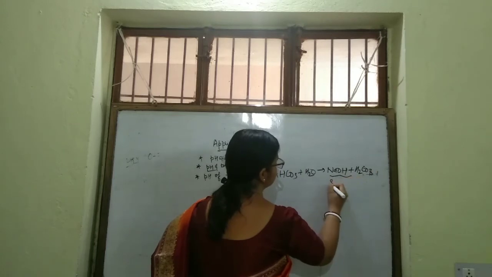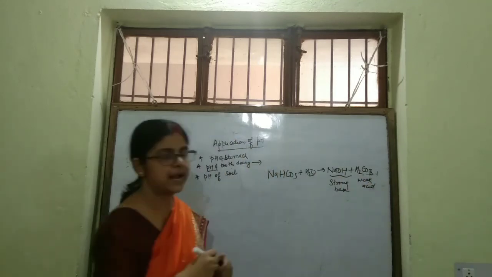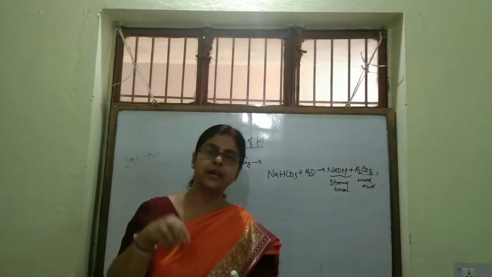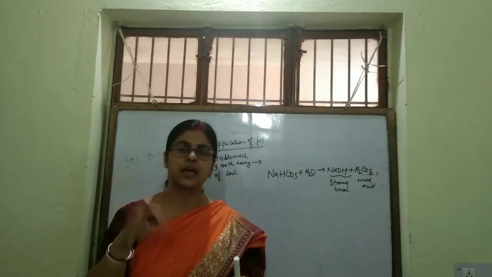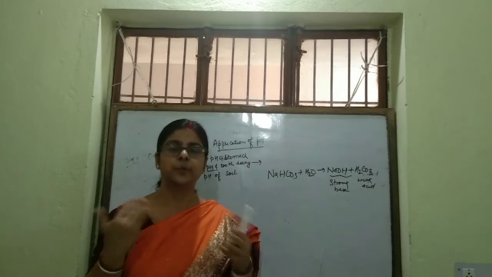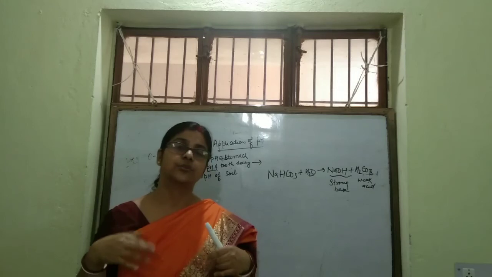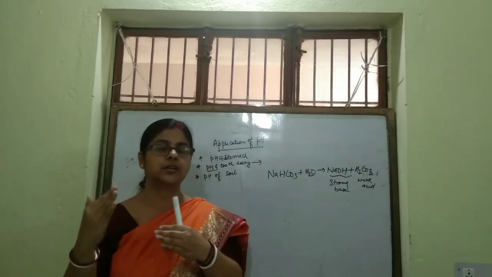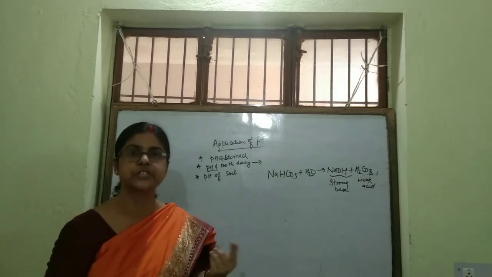This NaOH is a strong base and H2CO3 is a weak acid. So it acts as a base and neutralizes the acid of the milk, thus preventing it from getting fermented, that is, from turning into curd. So the milkman is using chemistry, you see.